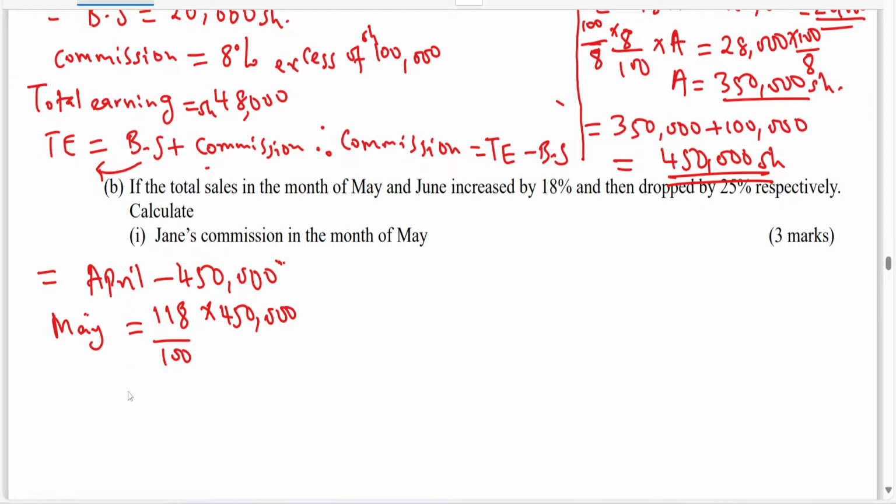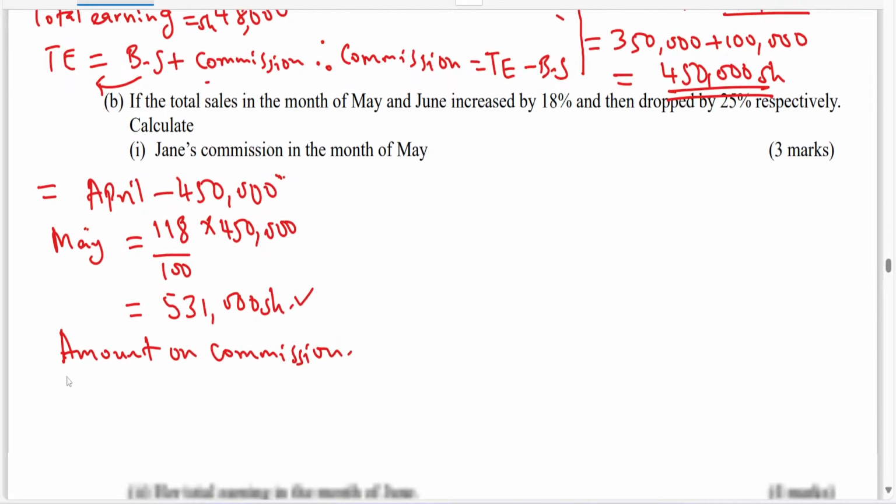So let's find the total sales for that month. 118% times 450,000 gives you 531,000 shillings. This is his total sales. To get the amount on commission, remember the first 100,000 earns no commission, so you must subtract that 100,000 from the total sales.